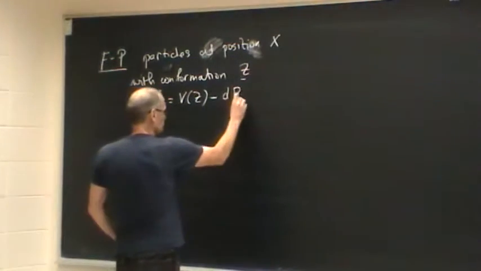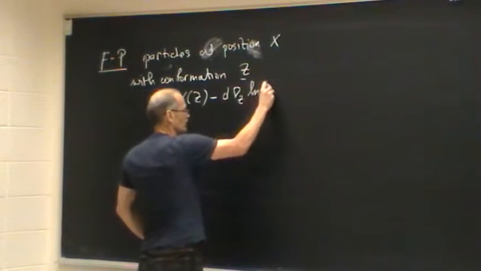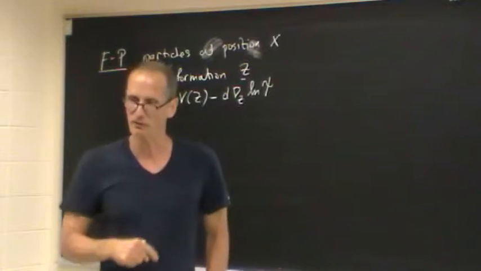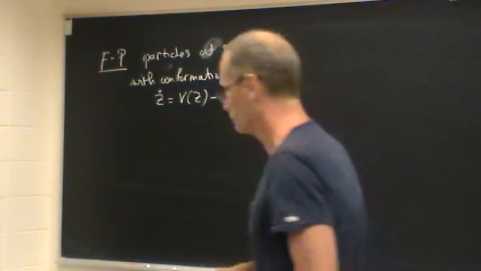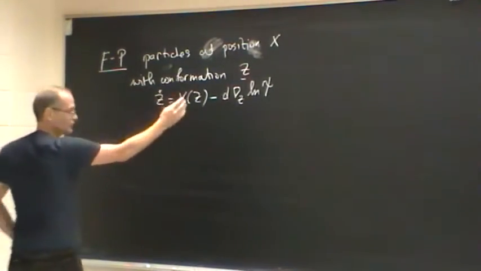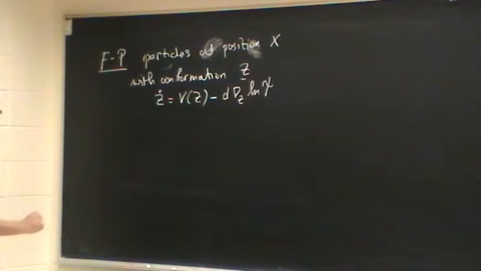So this could be a tensor right here, and then some grad z alongside. That's just to make sure you get something that looks like a diffusion when you put it into the Fokker-Planck equation. Though if you're really starting from first principles, you'd have an ordinary differential equation with a noise term, and then you'd be taking appropriate limits.